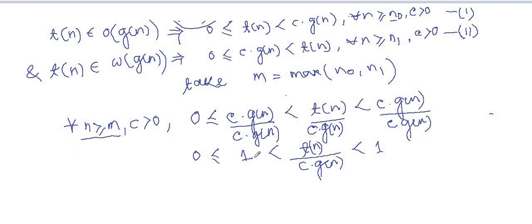So 0 less than equals to, forget about this part. Now 1 strictly less than some quantity and that is strictly less than 1, that implies 1 less than 1, where we know that 1 equals to 1. That's the fact. Here the contradiction arises.